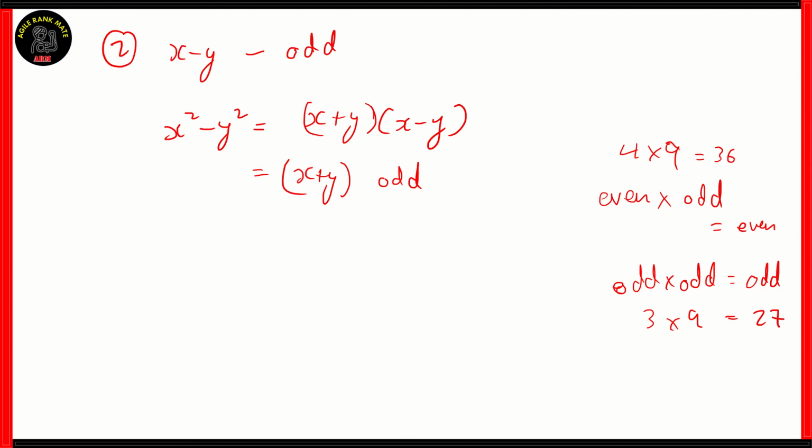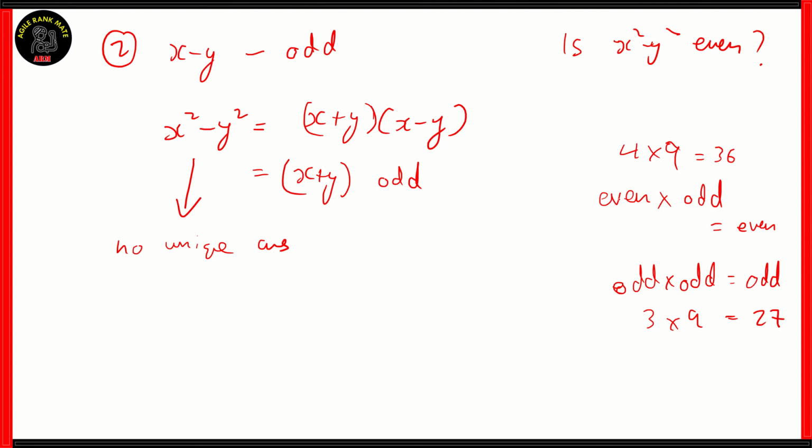So, therefore, we can conclude that for the question, is x squared minus y squared even, the condition given was x minus y is an odd number. Now here, we cannot say outright that x squared minus y squared is even, because as you can see, there are two separate scenarios, so therefore, there is no unique answer, which means it depends on the value of x plus y to know that x squared minus y squared is even.